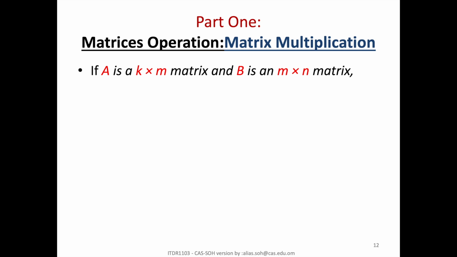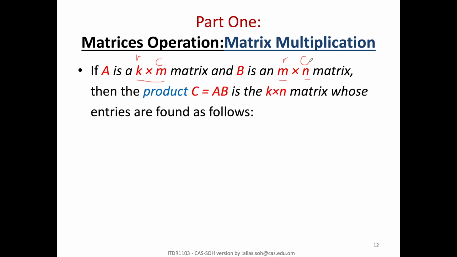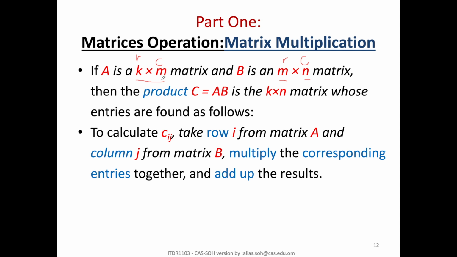If we have a matrix A of size K times N, which is number of rows by number of columns, and B with size M times N, then in order to multiply the two matrices, the number of columns in the first matrix should be equal to the number of rows in the second matrix, and the resultant array will have the number of rows of the first matrix by the number of columns of the second matrix.